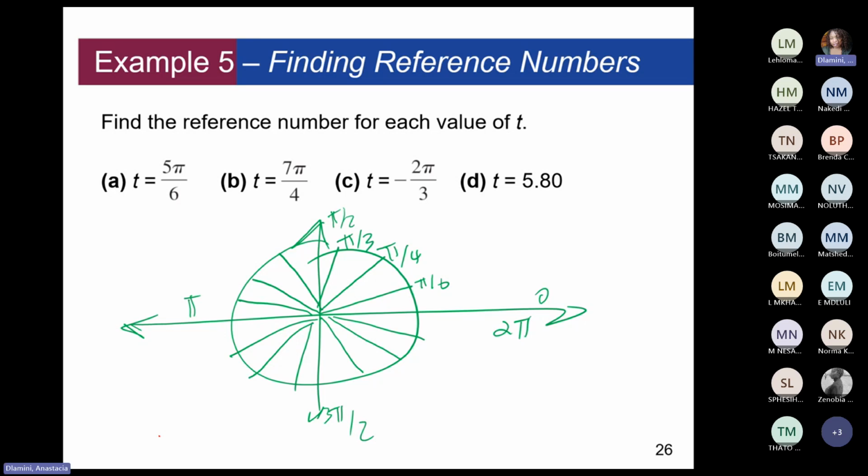How am I moving here? Clockwise. The negative. Okay, so where am I starting? From here, pi over 3. Then I go to?